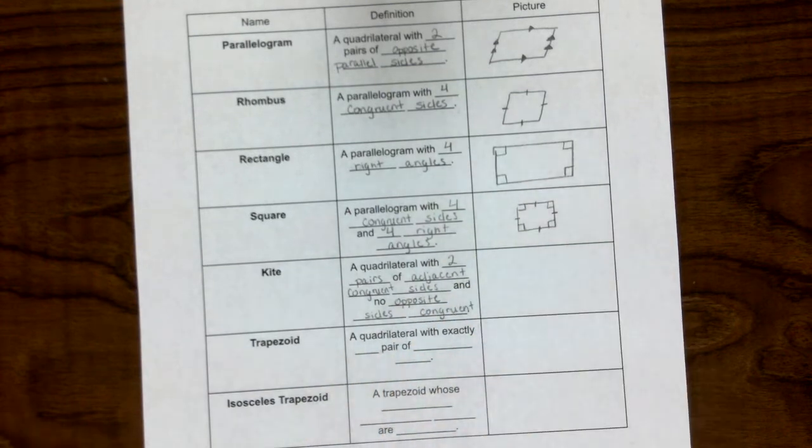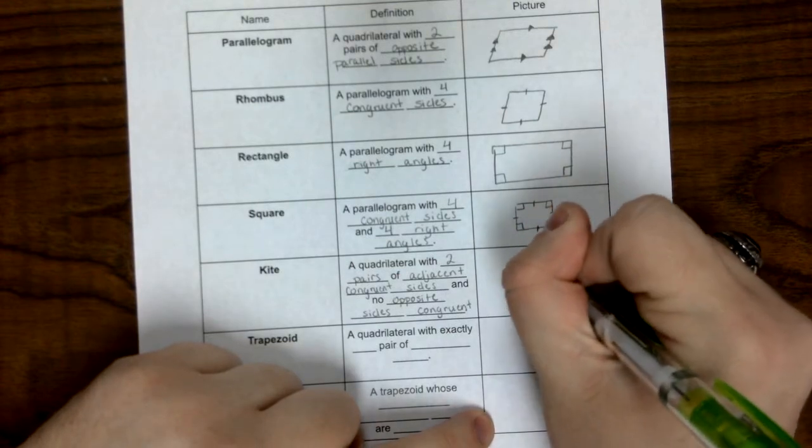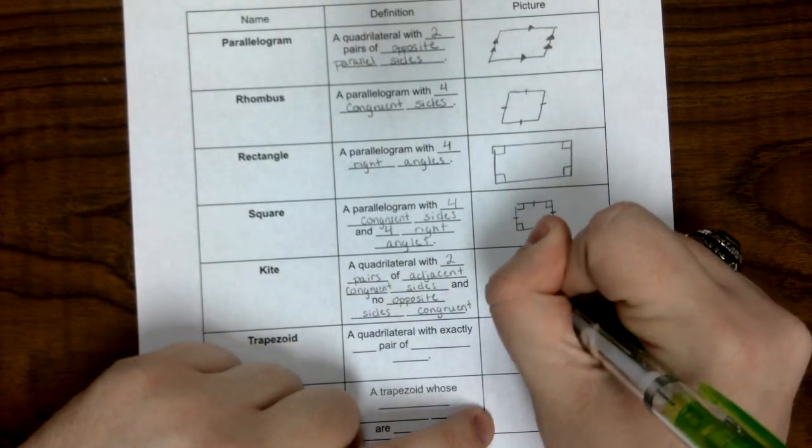That's kind of a weird definition to just sit and think about. So let me draw the picture. Hopefully it makes more sense. So we all know a kite looks something like this.